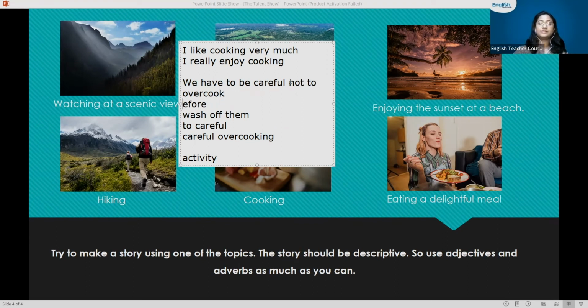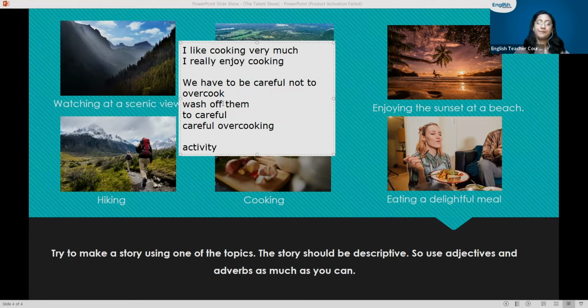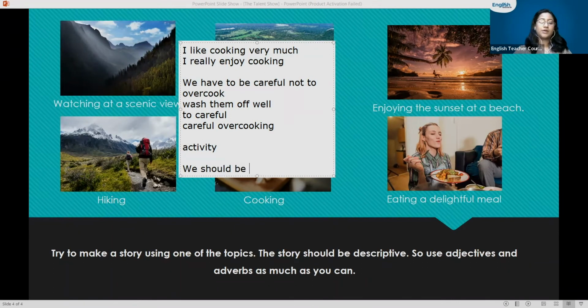And then you can say wash them off. We need to wash them off well before cooking. Right? Okay. Like that. Those are the things that I noticed. And when you want to say we have to do something, try to use we should be. You can say we should be careful not to overcook.